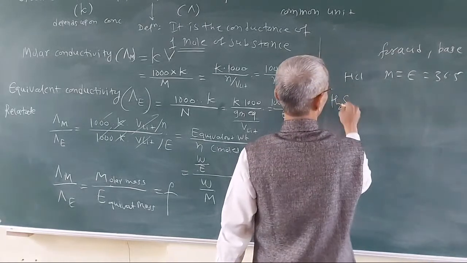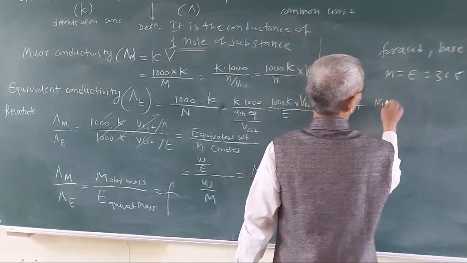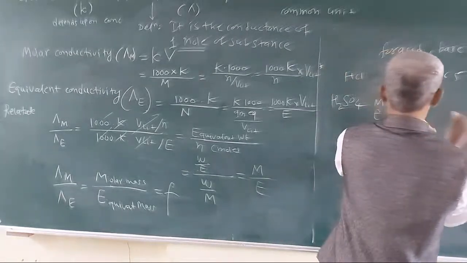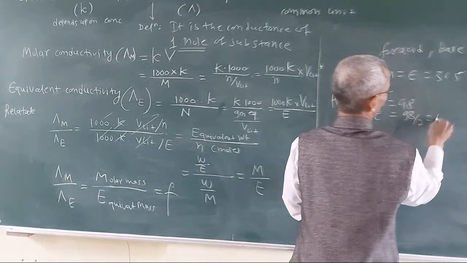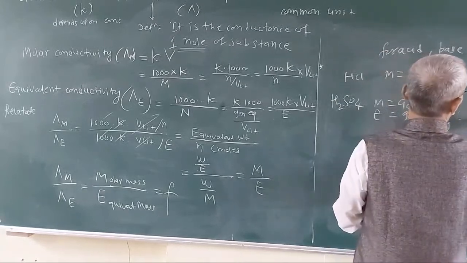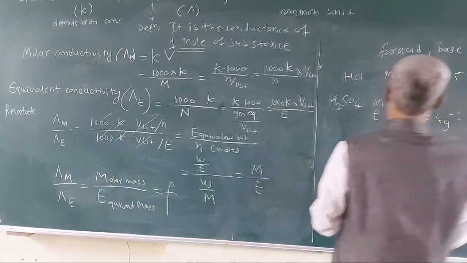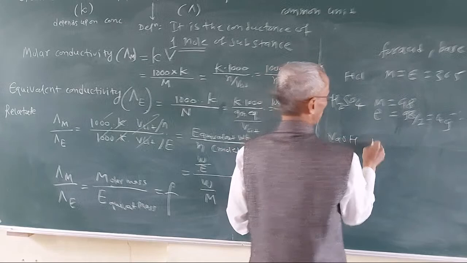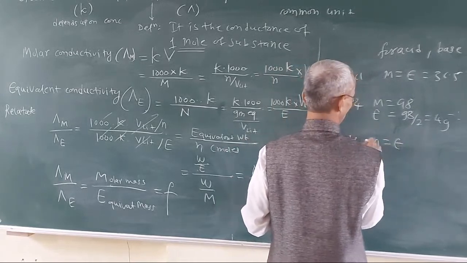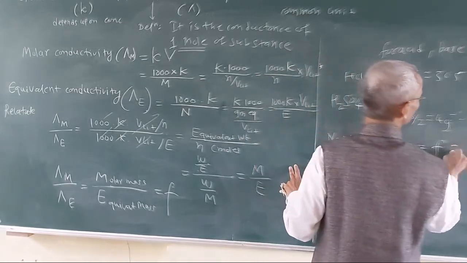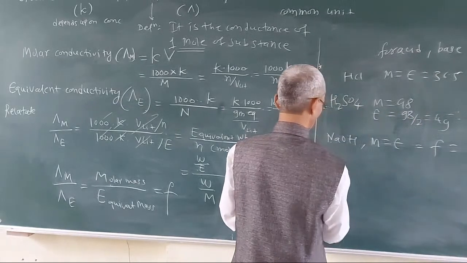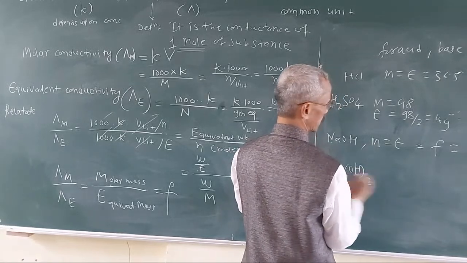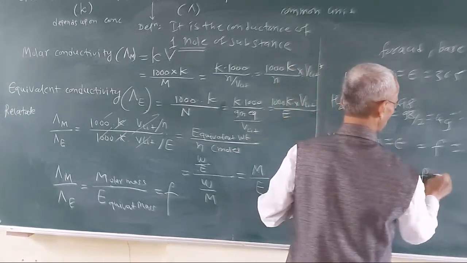If you consider H2SO4, a diprotic acid, molar mass is 98, equivalent mass is 49, so M upon E is equal to 2. Similarly, for sodium hydroxide, M and E are the same. Therefore, F is equal to 1. If you consider magnesium hydroxide, it is a diacidic base, so F is equal to 2.